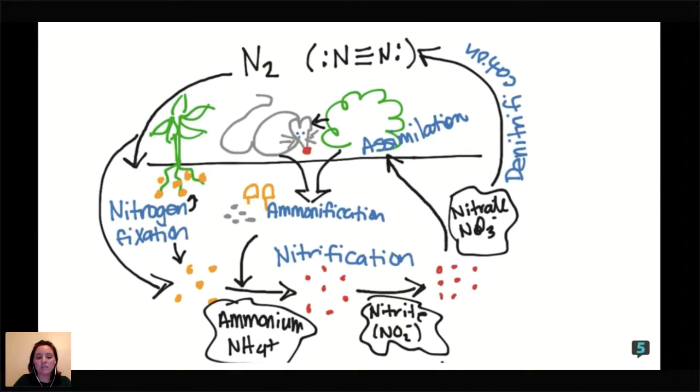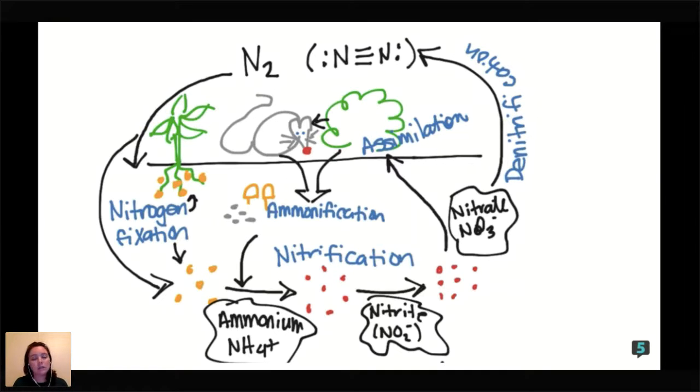It takes all of this part of the nitrogen cycle, the fixation and the nitrification, and just takes nitrogen from the atmosphere and turns it into a form that plants can take up really easily, those nitrates. And so that's how we got fertilizer. And so now we use a ton of fossil fuels to do this, because it's a really energy intensive process to fix nitrogen out of the air and to create fertilizers.